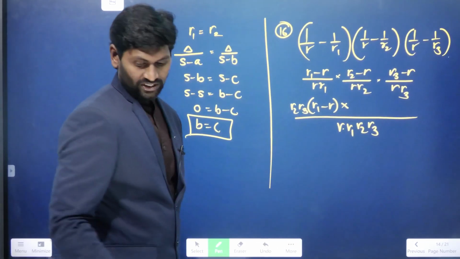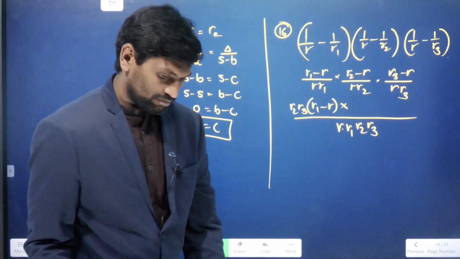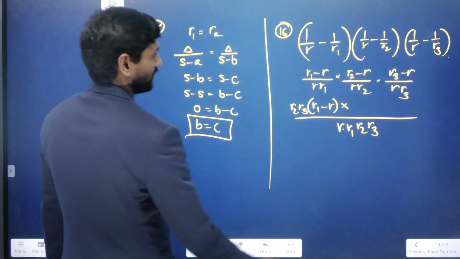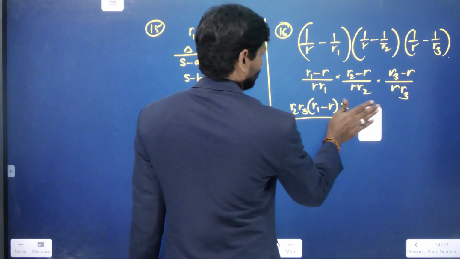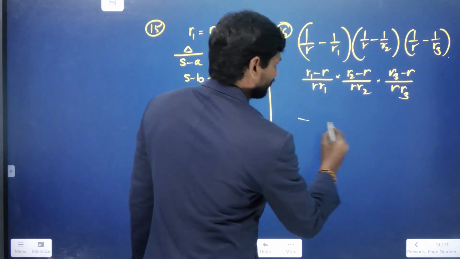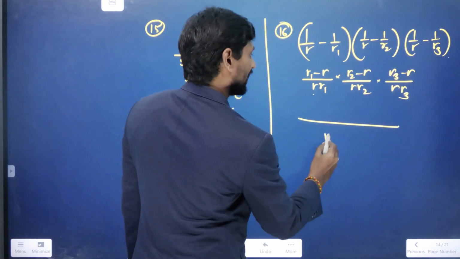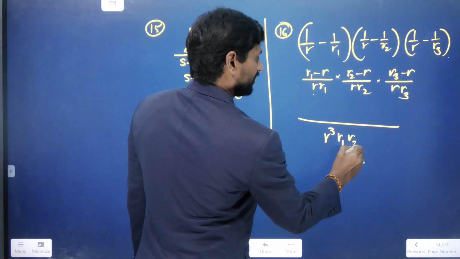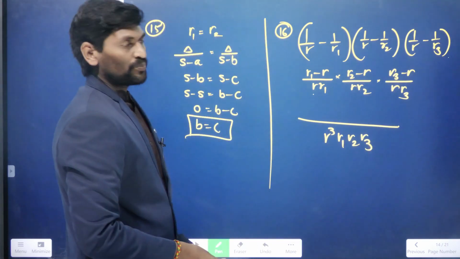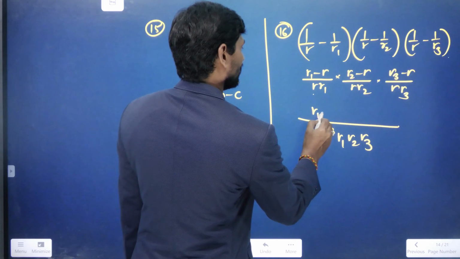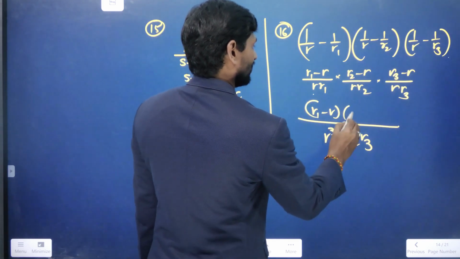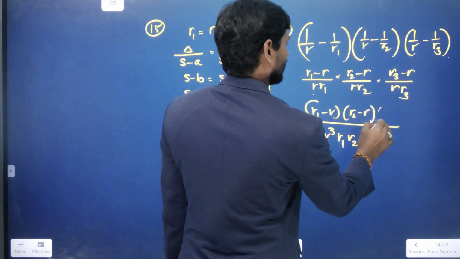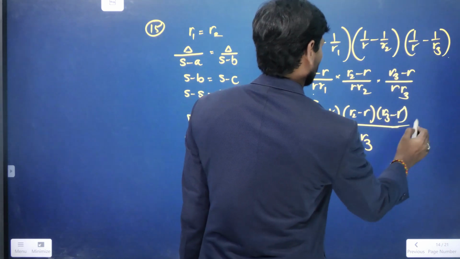Sorry, it is not a plus term now between them, directly you can multiply here. So the denominator will be r cube into r1 into r2 into r3, and the numerators are r1 minus r, r2 minus r and r3 minus r.